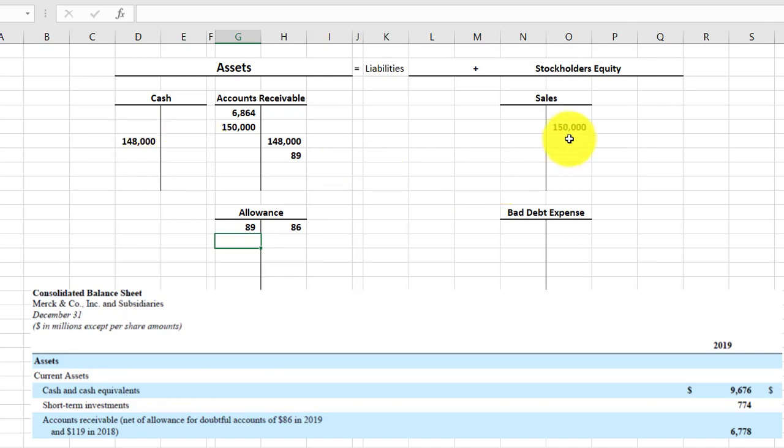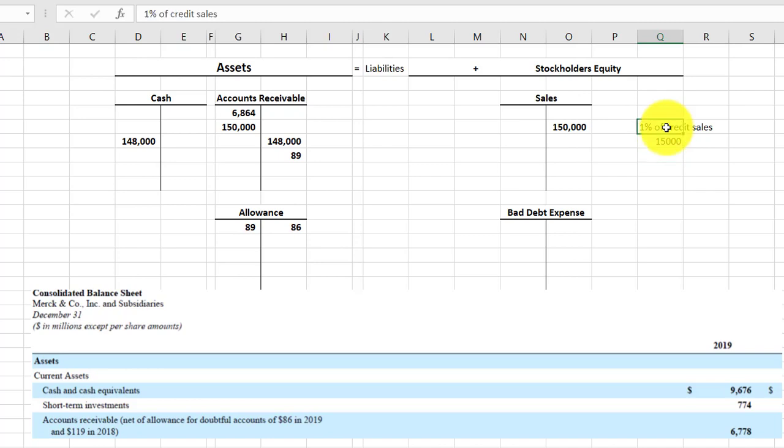We look at the total credit sales and we say, all right, it's going to be 1% of credit sales. So we take 150 times 0.01. That's 15,000. Well, that's a lot.